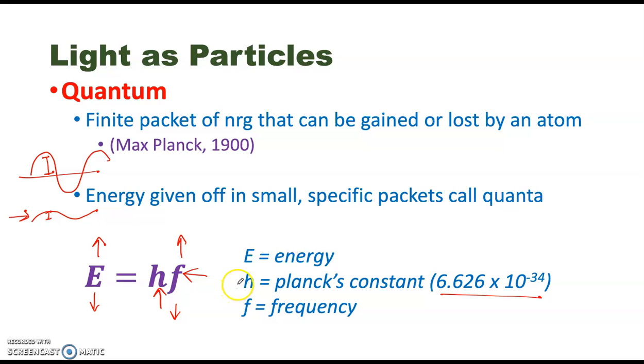But it turns out that light works like this, and it's a weird concept, and it took a lot of smart people to figure this out. But what it means is that this light naturally has less energy than this light. This light has higher frequency, so it's going to have a higher energy, regardless of the amplitude of each wave. So there is a little bit of a catch there.